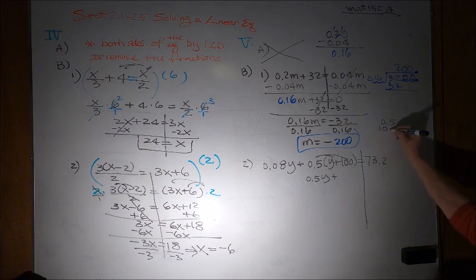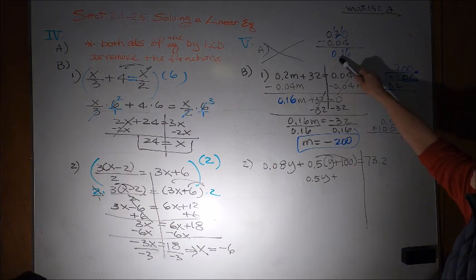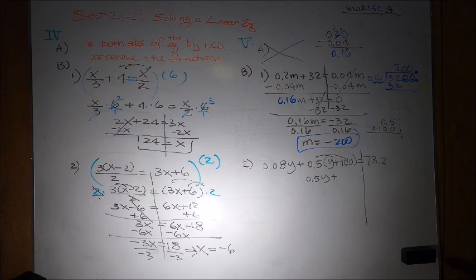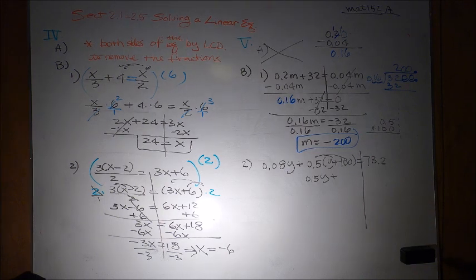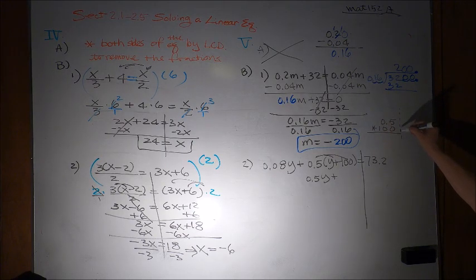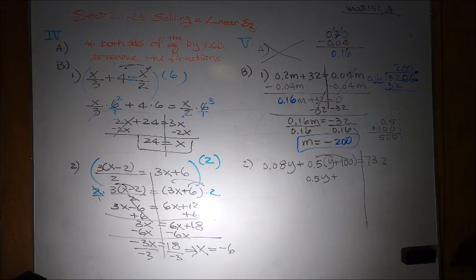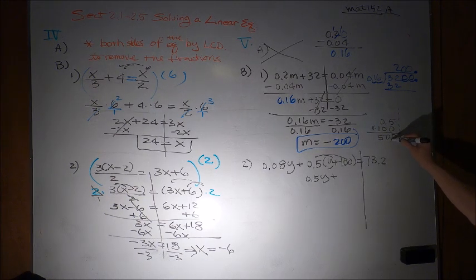0.5 times 100, right? When you multiply, what do you do? You line up at the end. When you add, you line up your decimal points, right? So for multiplication, you line up at the back. So you just multiply the regular way and decide how many decimal places you need, right? 1 here, nothing here, so you need 1.